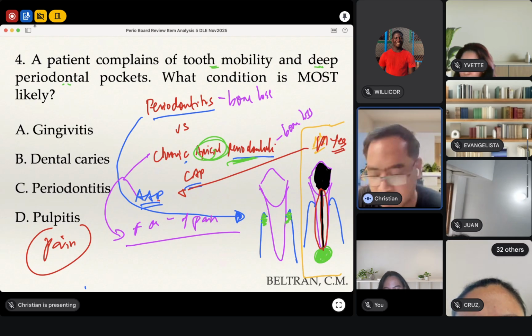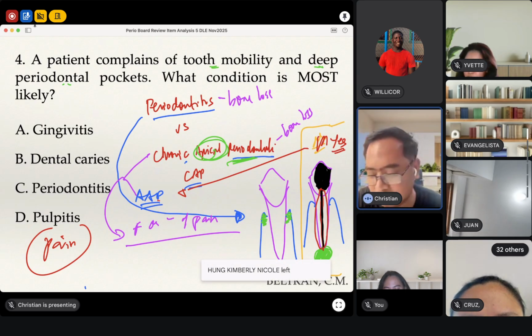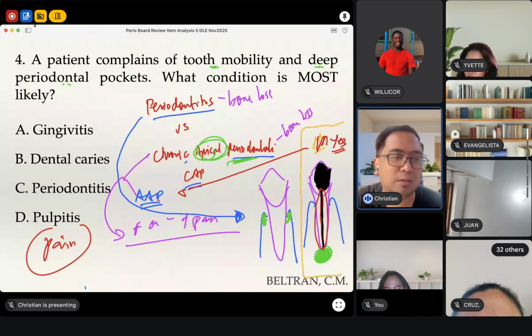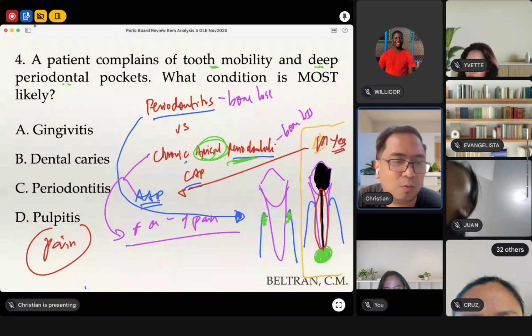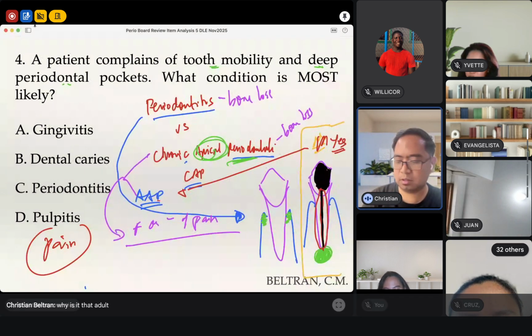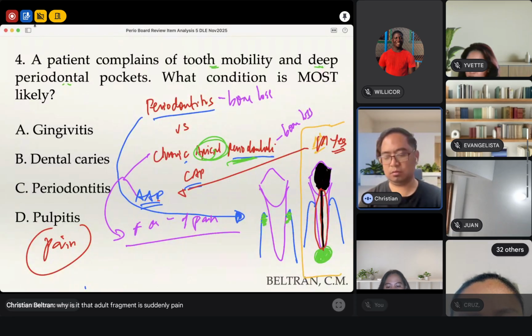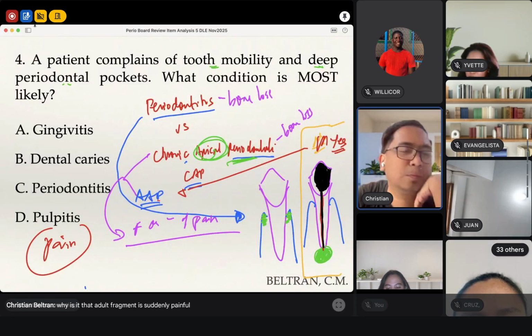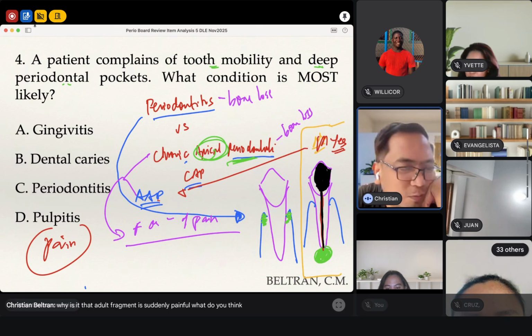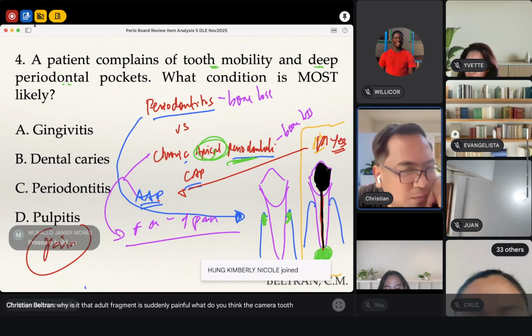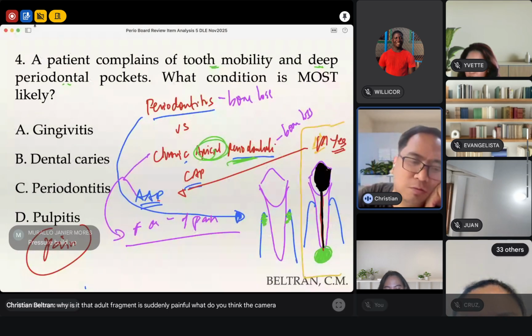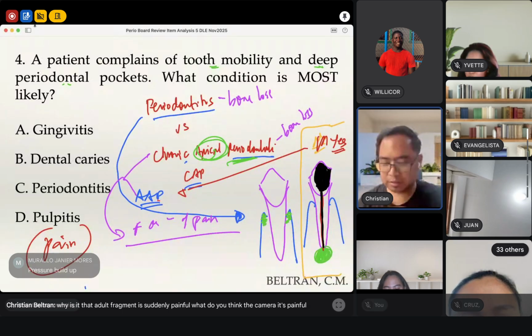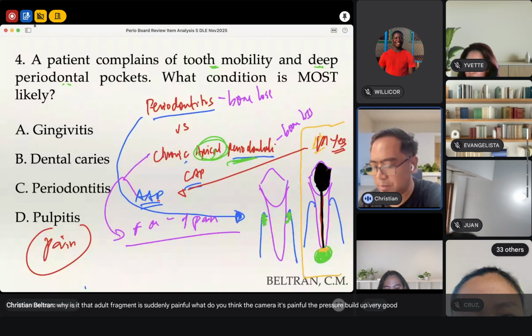The tooth is already non-vital. So what could have caused the pain? Why is it that a root fragment is suddenly painful? What do you think? Ba't kaya masakit yung tooth? It's a root fragment and suddenly it's painful. The pressure build up. Very good. There's a pressure build up.